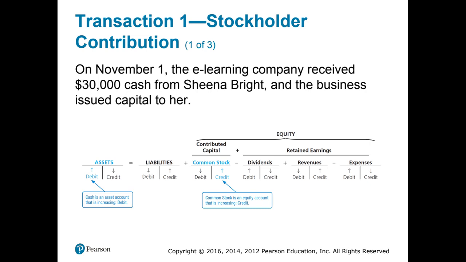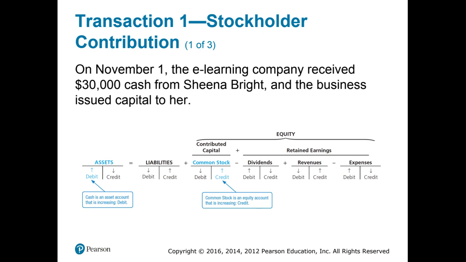Perfect. All right, so here we have an example. We have a transaction, and if you look in your book on page 65, that's where the data for this particular slide is coming from. Here we have a transaction, stockholder contribution. On November 1st, the e-learning company received $30,000 cash from Sheena Bright.